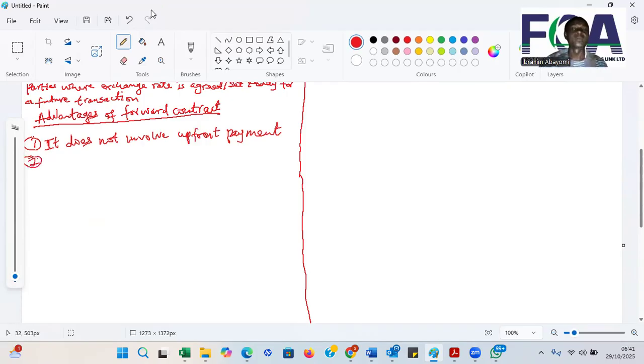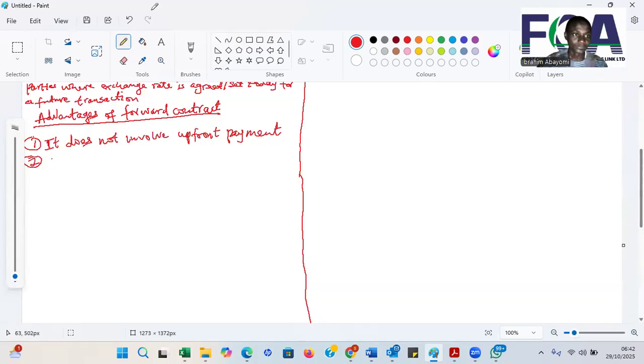What does that mean? When you enter into a forward contract, you are not paying any money ahead. You are not paying the dealer ahead of the transaction date. You have to wait until the transaction date before you make a payment. There is no upfront payment involved when you are using a forward contract.